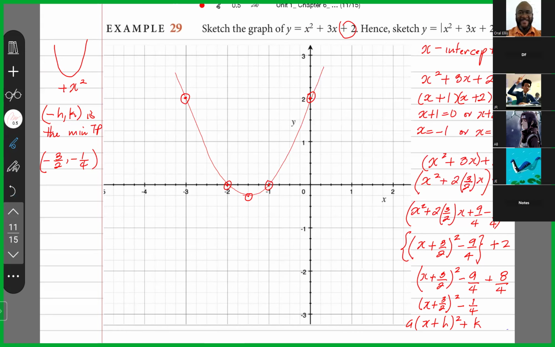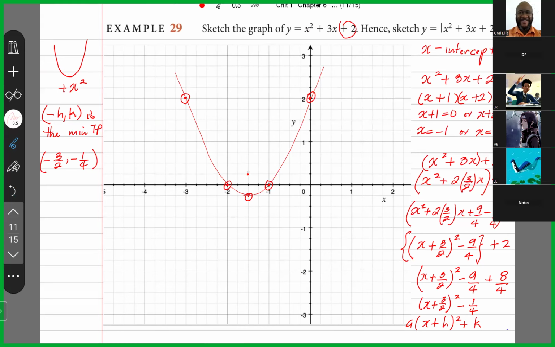Now, to draw the graph of y is equal to the mod of x squared plus 3x plus 2, I'm going to reflect the section of the graph that is below the x-axis above the x-axis. The only point that I have that is below the x-axis is the minimum turning point.